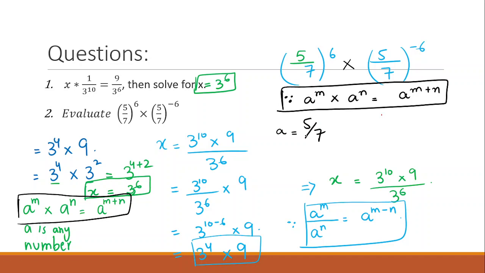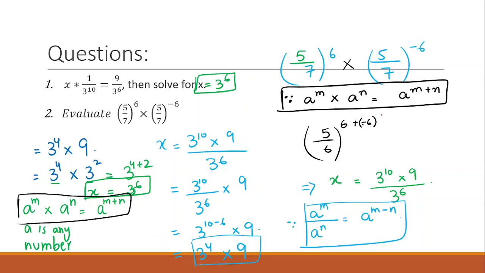So we can write 5 over 7 to the power 6 plus, in brackets, negative 6.